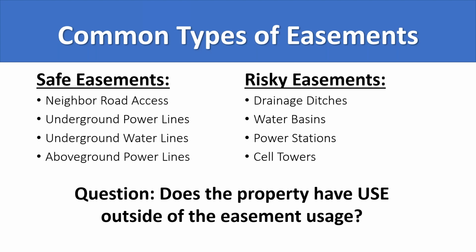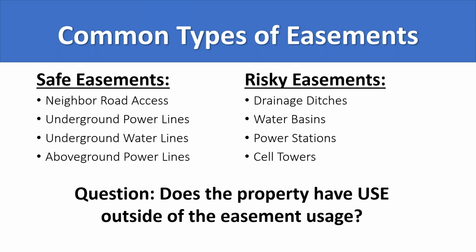But the risky kinds of easements are things like we talked about. A really common one will be a water basin or drainage ditch, where they've set that up as a place to retain water to keep from flooding. A lot of times it's based on where properties are located.